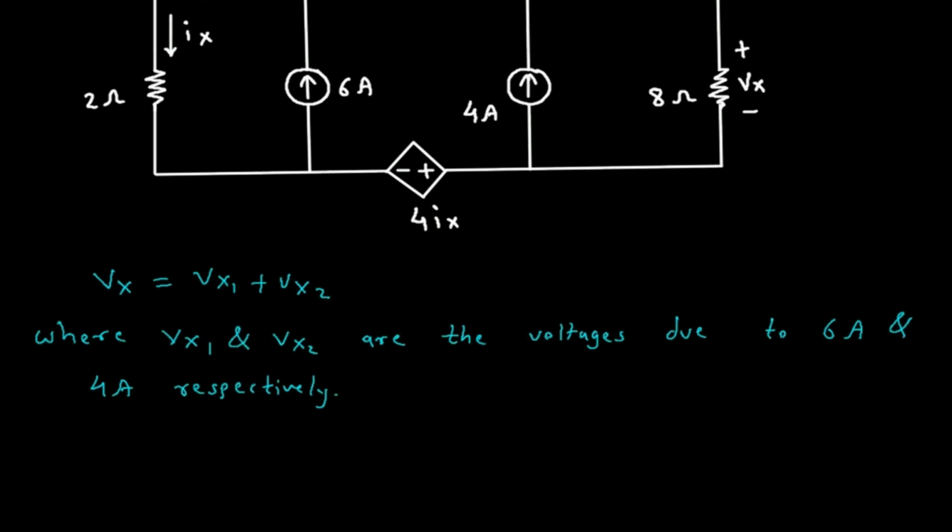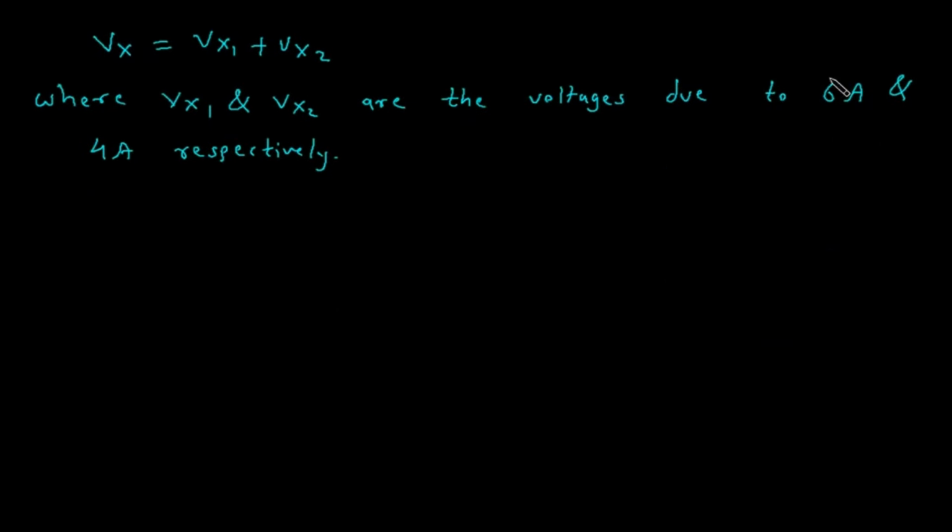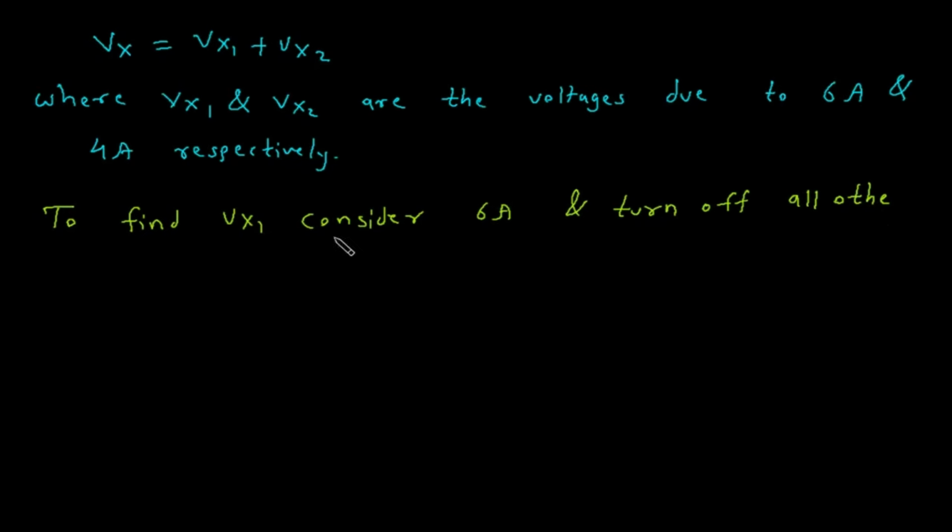So to find Vx1, consider the 6 ampere source and turn off all other independent sources.